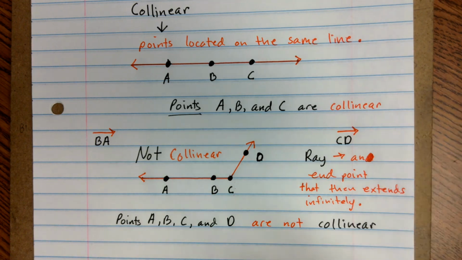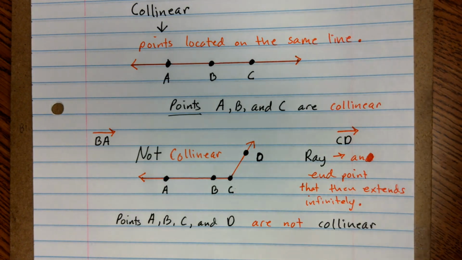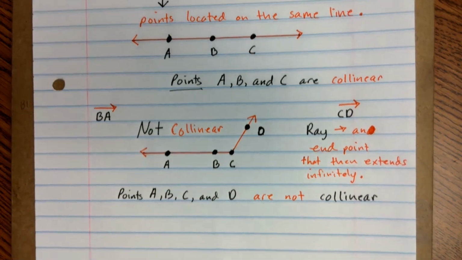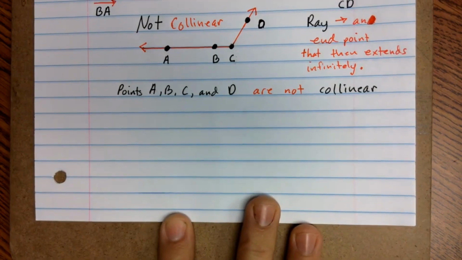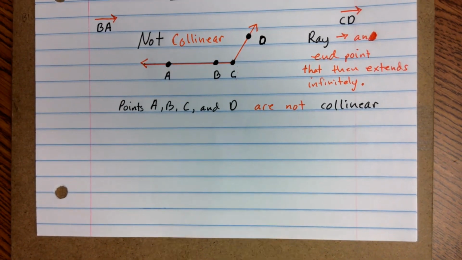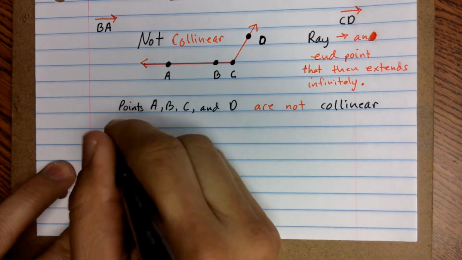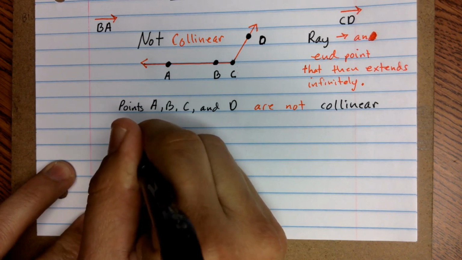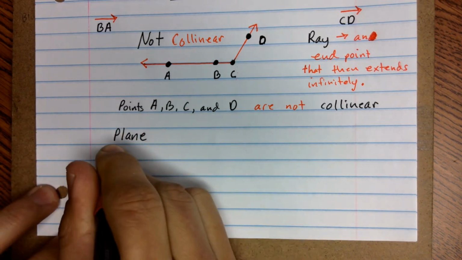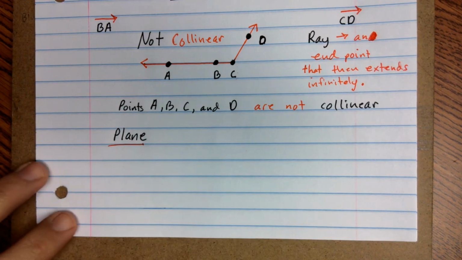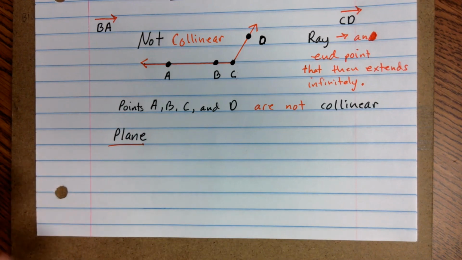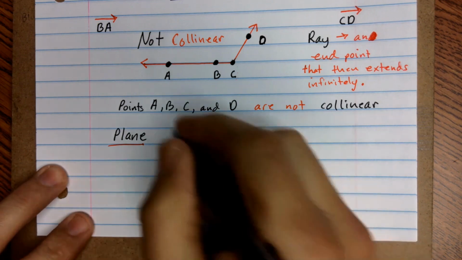Now, the last thing I want to talk about is I want to talk about a plane. That was a word that I've been seeing pop up on a lot of your work. So let's just talk a little bit about it. What do we mean when we talk about plane? So, and when I say plane, it's P-L-A-N-E. And when we talk about a plane, it's just simply a flat surface that extends in all directions infinitely.